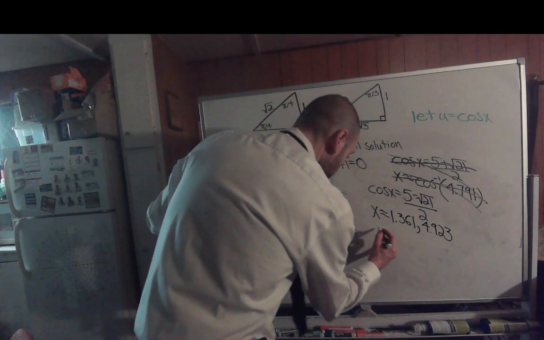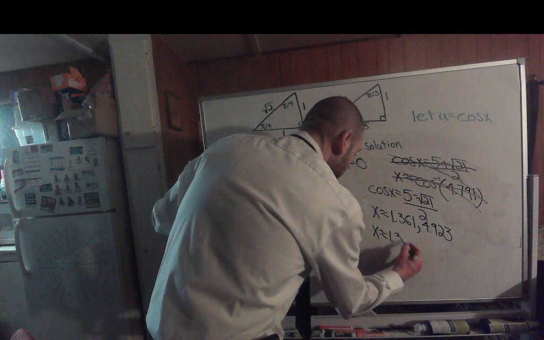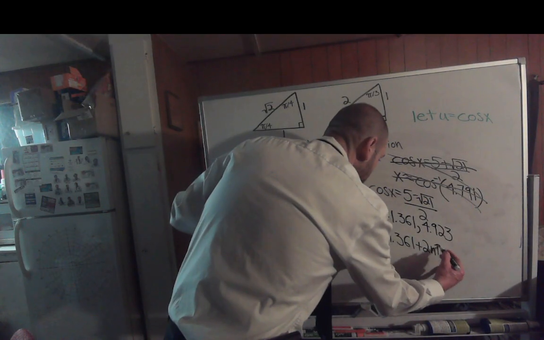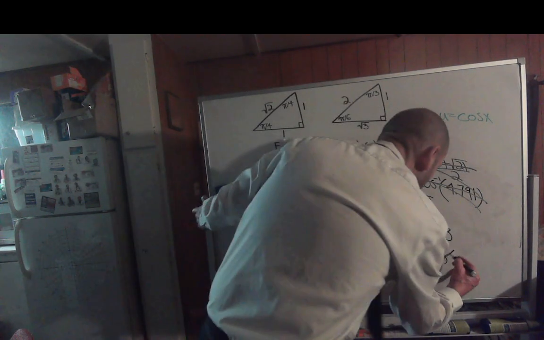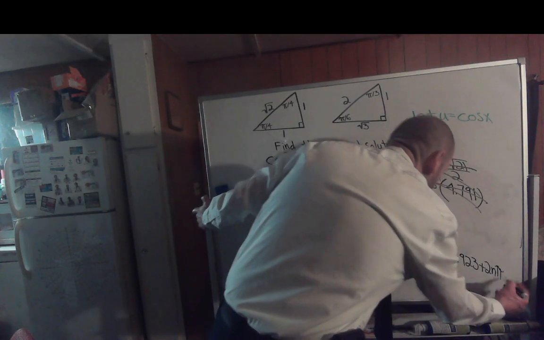But if you want the general solution, it's going to be x is approximately equal to 1.361 plus 2n pi. And then again at 4.923 plus 2n pi. So yes, sometimes you can get real doozies for your answer.